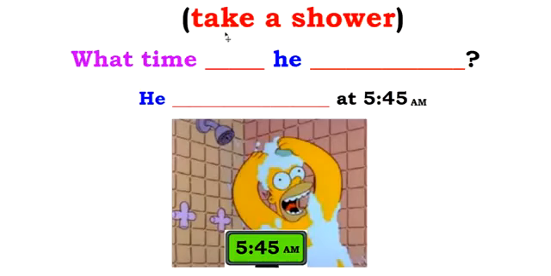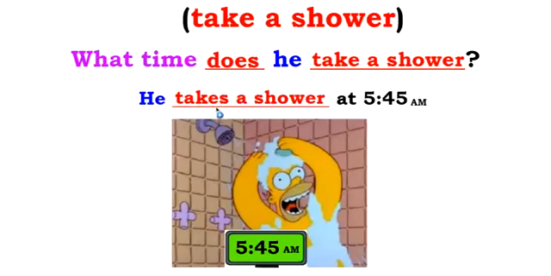Okay, for the verb take a shower. For example, what time does he take a shower? What time does he take a shower? And the answer, he takes a shower at 5:45. And remember, the verb and the answer with the third person conjugation for he.